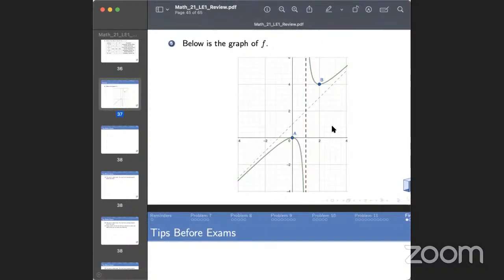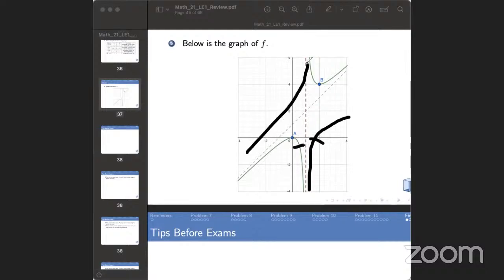Pero kung may sign change, ibig sabihin yung slope is negative tapos positive bigla yung slope, like pa-increase na agad siya. So ganyan yung sign change ng F prime.